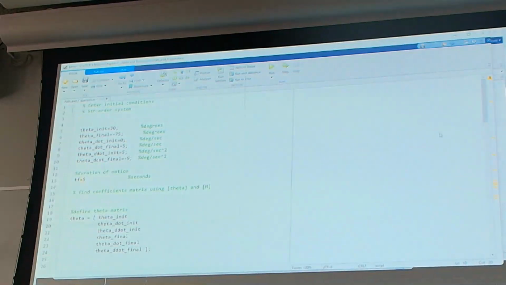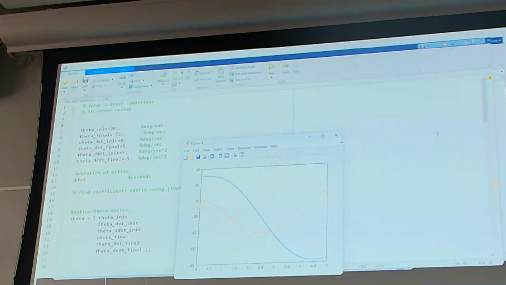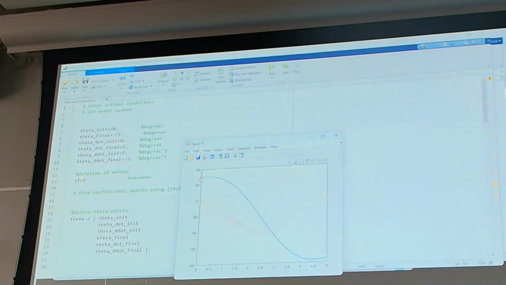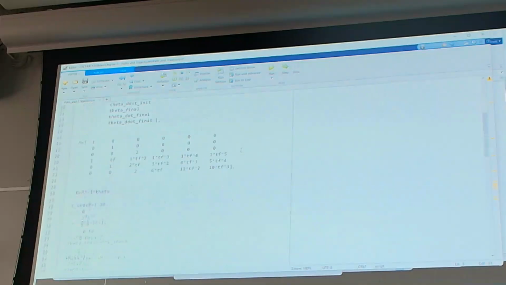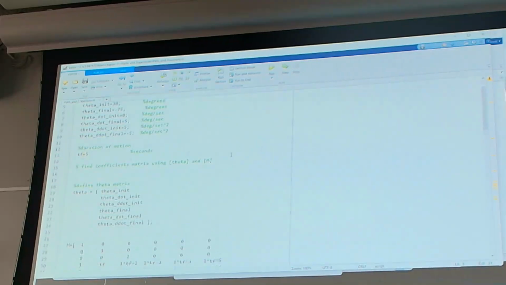And run. There you go. So this is our starting position, our ending position. These are the motion profiles for velocity and acceleration. Pretty cool, right? The math we just did, nothing steep, but I simplified the computation by writing the MATLAB. Are there any questions on that one so far?